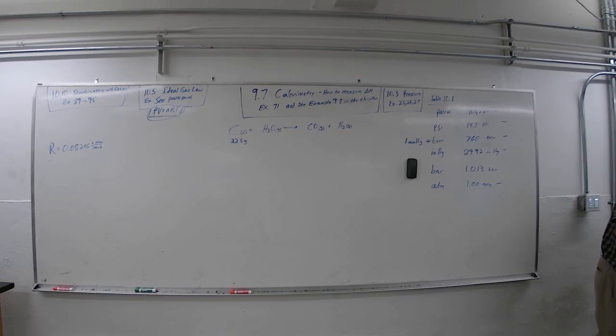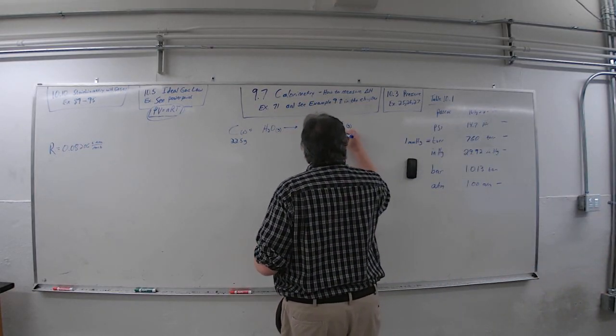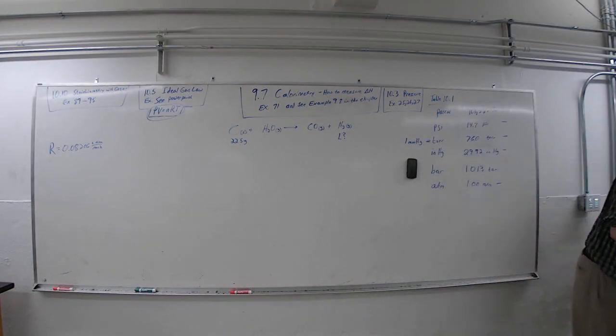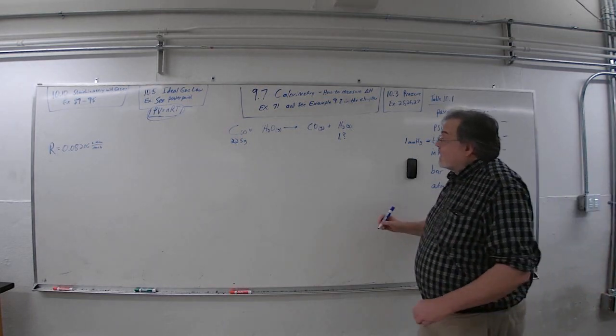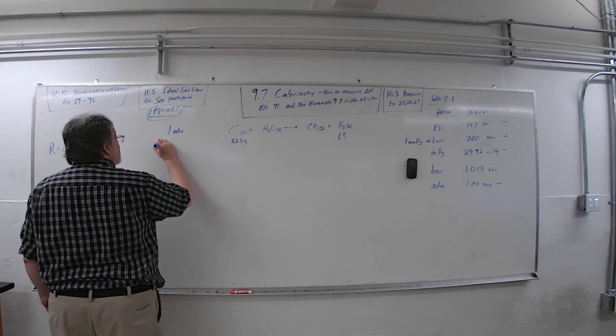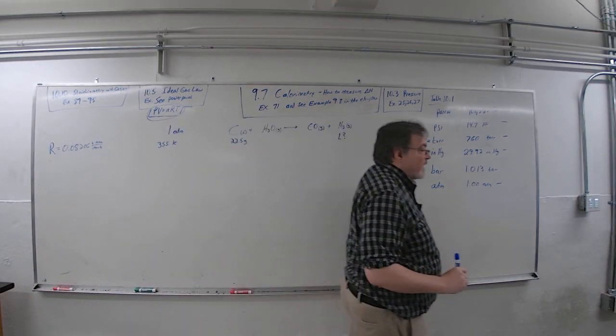How many liters of hydrogen gas? We're asked for the liters of that hydrogen gas. And it's 1 atmosphere at 355 K. So that's the info we've got.